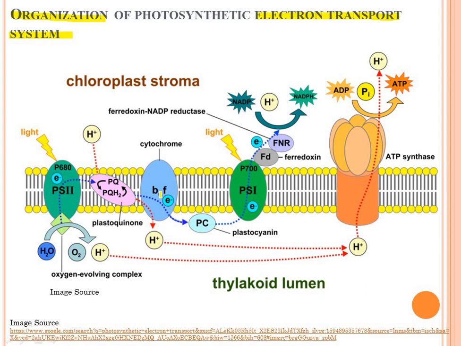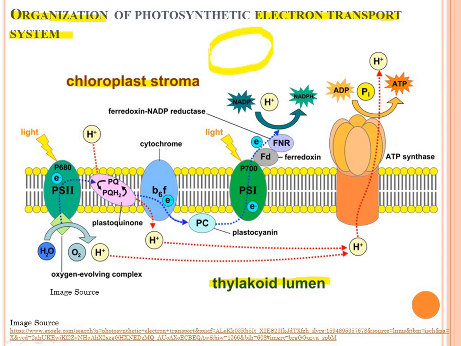These are some transmembrane proteins in the electron transport system. This is photosystem 2, a transmembrane protein. First of all, this is the thylakoid lumen and the outer space is the chloroplast stroma.